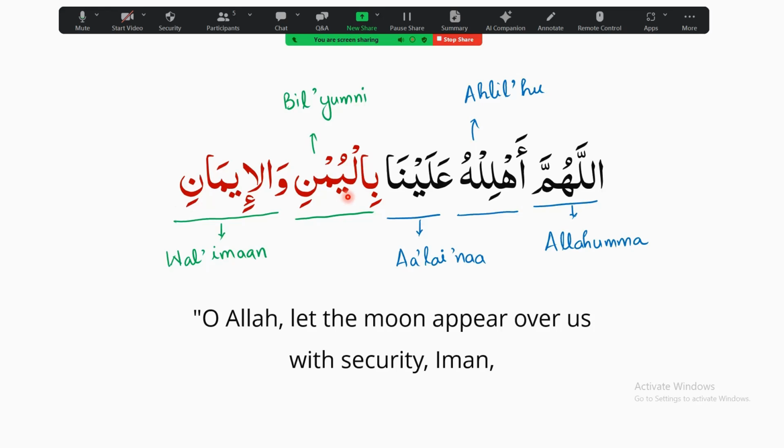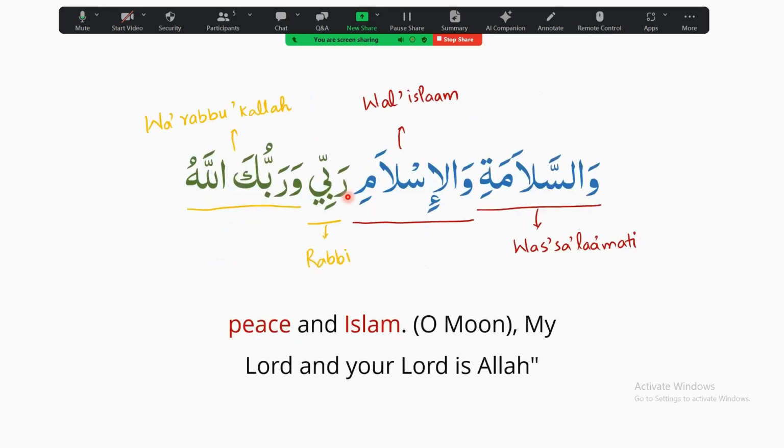Okay, let's repeat this. Bil yumni wal iman, with security and iman, and was-salamati wal-islam, and peace and Islam. Rabbi wa rabbukallah. My Lord and your Lord is Allah subhanahu wa ta'ala.